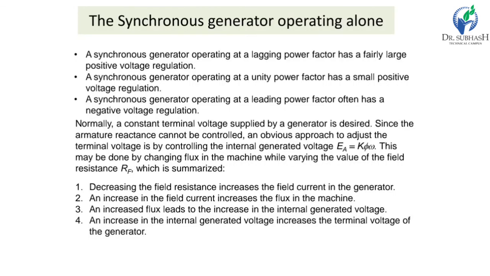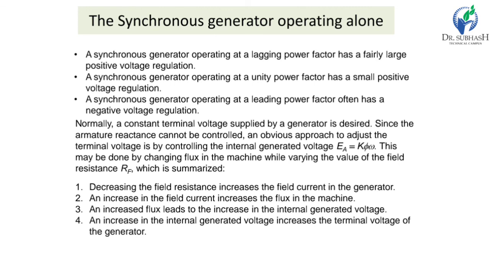We can summarize this explanation as follows: the decrement of the field resistance will increase the value of the field current. The next point is, increasing the field current will increase the flux. The next is, the flux increment will increase the internal generated voltage EA.